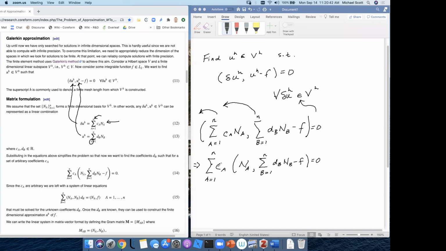Okay, now notice that here's the part where I don't know if people appreciate exactly what happens here, okay? What do we do with this statement? What is an equivalent statement? Now that we know that delta u^h can be written as a linear combination of unknown coefficients and basis functions, how can we restate this without losing anything?